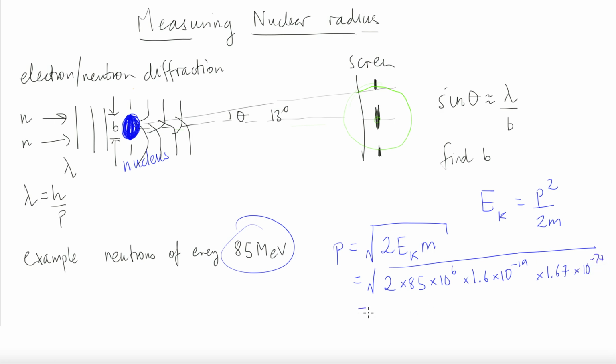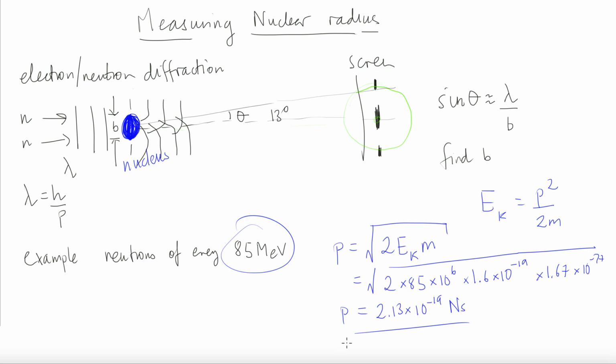You get an answer of 2.3 times 10 to the negative 19 newton seconds.